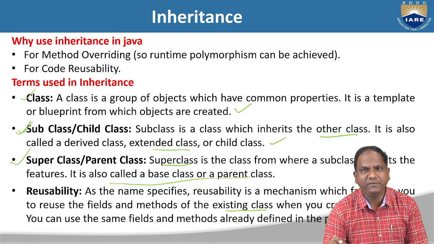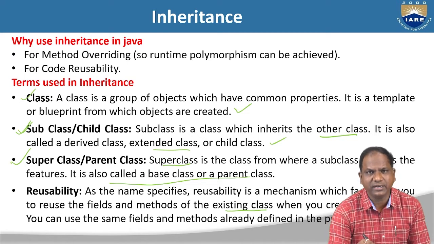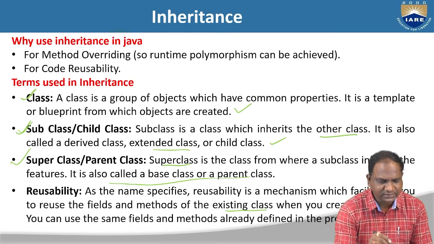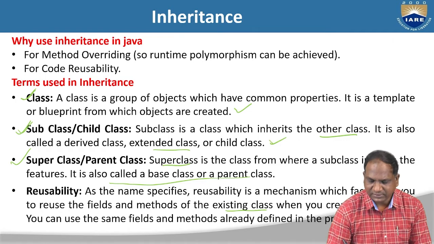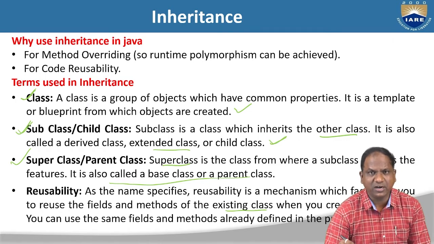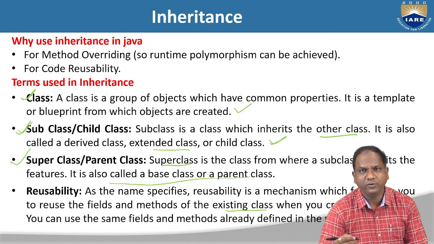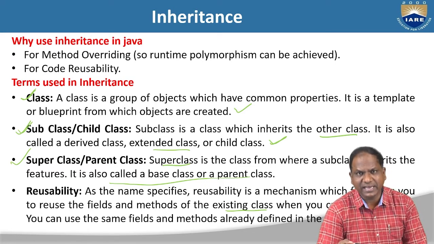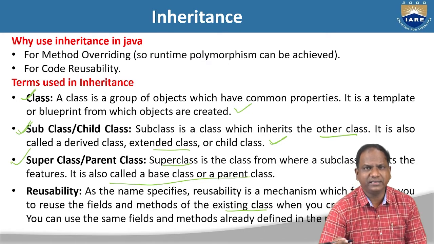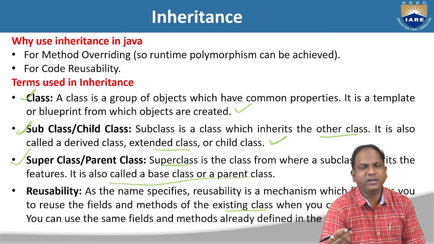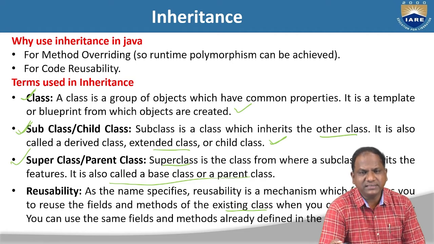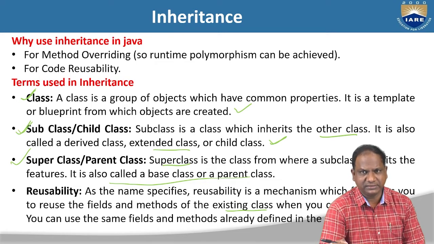So the terms used in inheritance are: class; subclass or child class, which is the new class; and parent class or superclass, from which the subclass can inherit all the properties, nothing but the members of your class, the fields and methods.